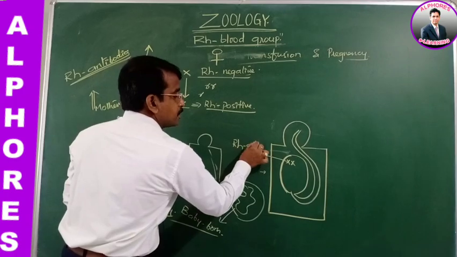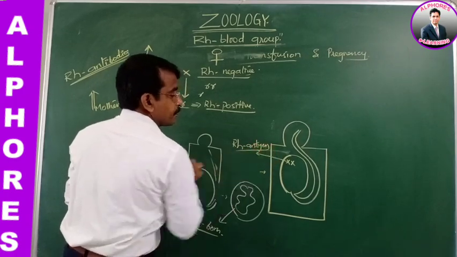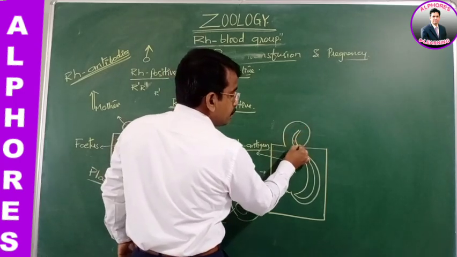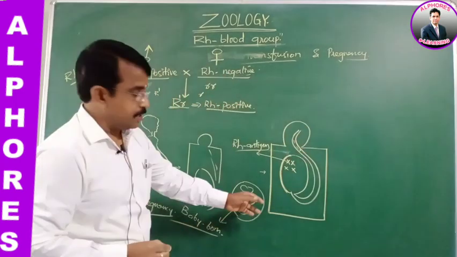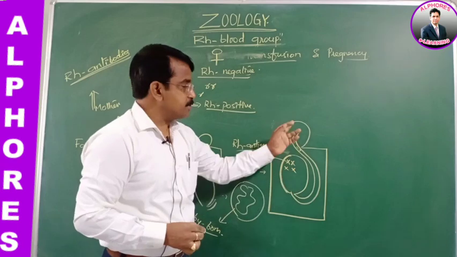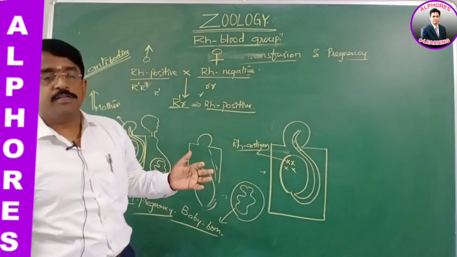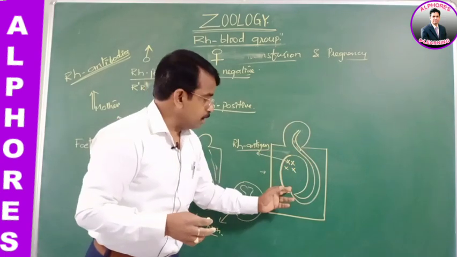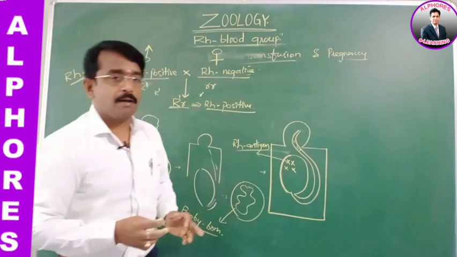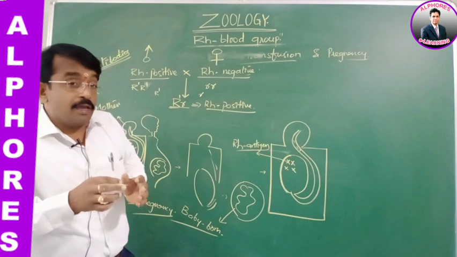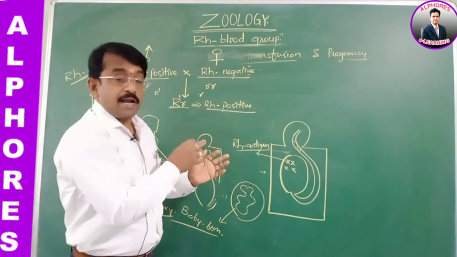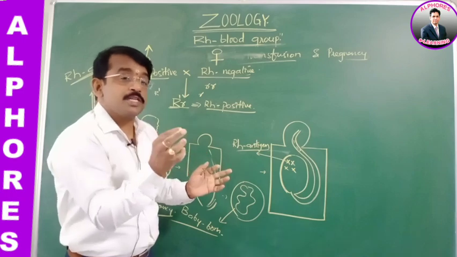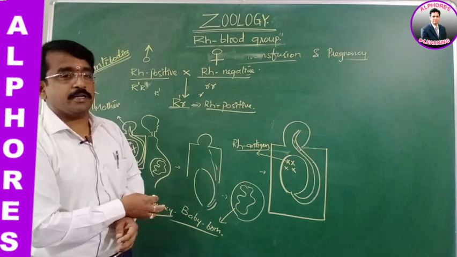Rh antigens are there. And the mother's immune system is already intimately connected to that of the baby by means of the placenta. Placenta is a connection between the mother and the fetus through which the exchange of nutrients takes place.